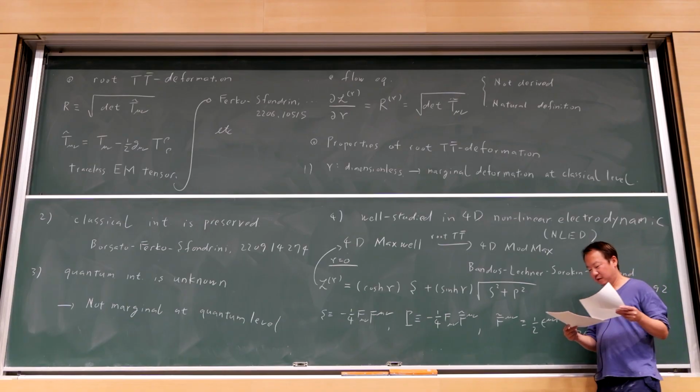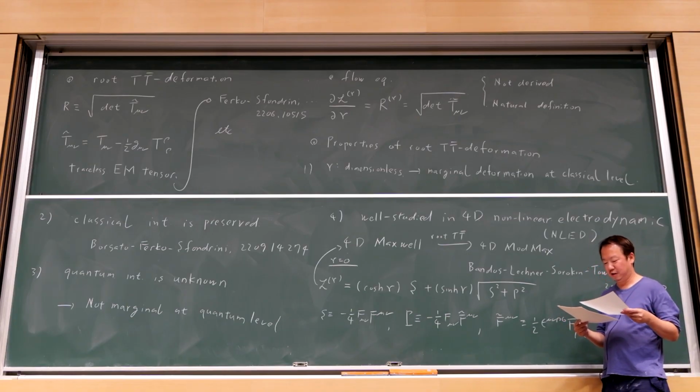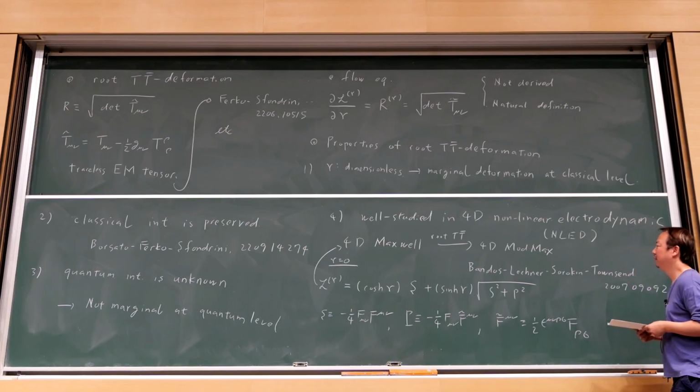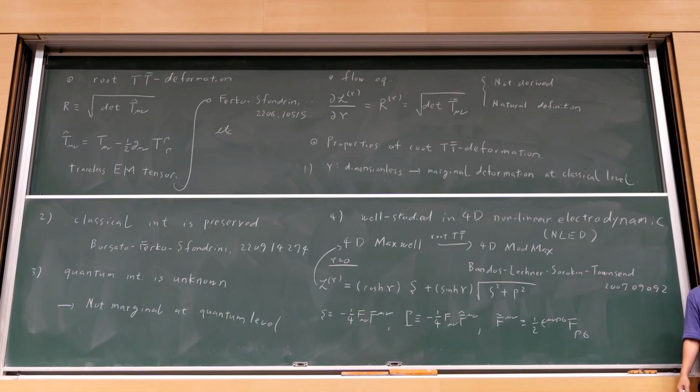After that, Townsend et al. considered more general deformations of these ModMax theories by combining TT bar deformations, giving two-parameter mixed deformations. Then they got the idea to apply the Courant-Hilbert method in the context of nonlinear electrodynamics.